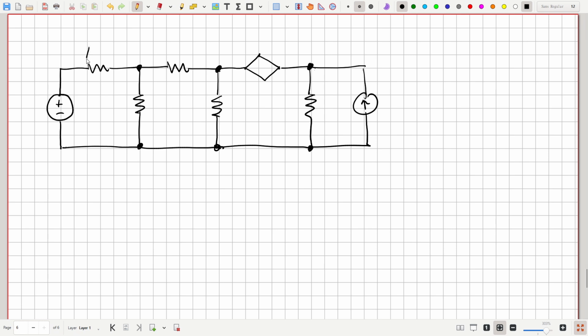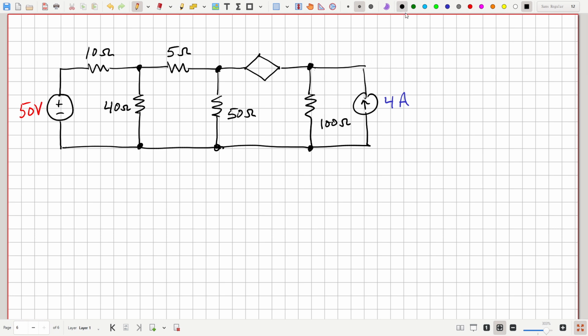Our resistors are 10 ohms, 40 ohms, 5 ohms, 50 ohms, 100 ohms. This is 4 amps. This is 50 volts.